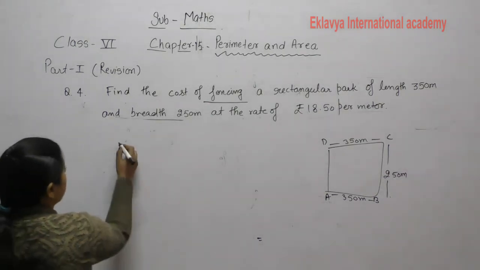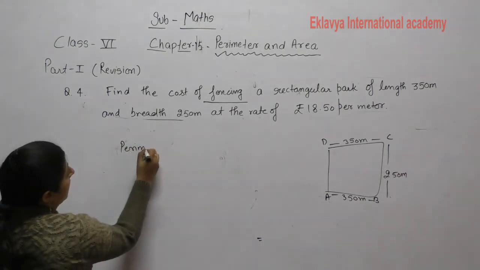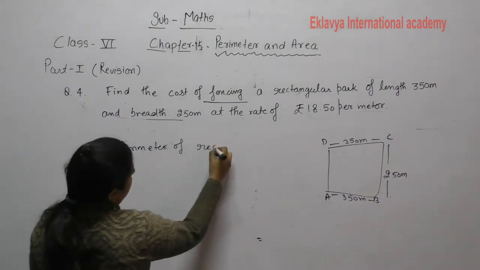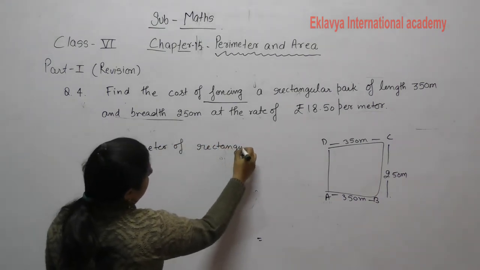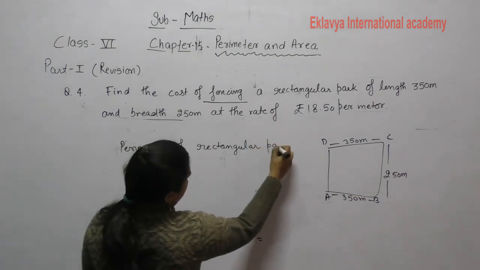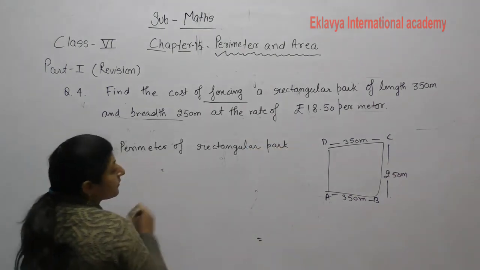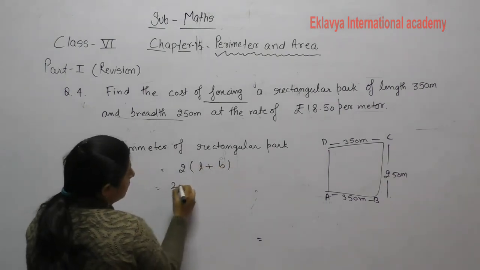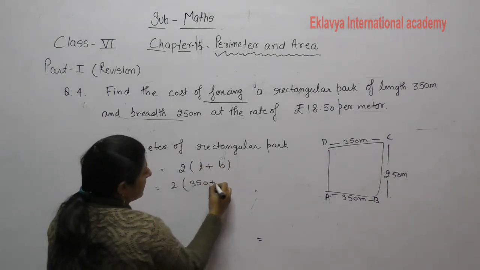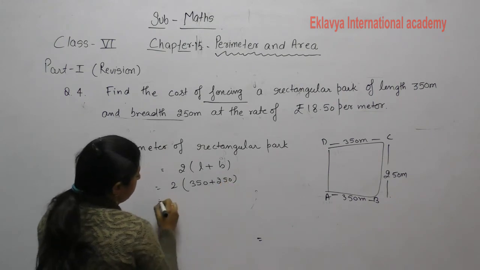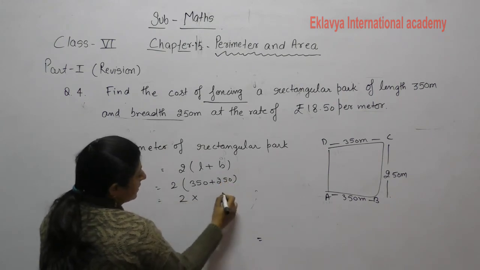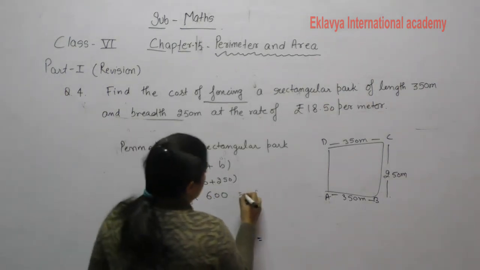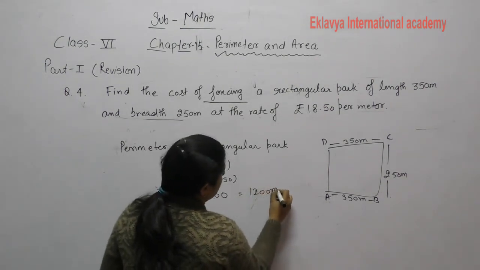It means perimeter of rectangular park is equal to 2 multiply by length plus breadth, 2 multiply by 350 plus 250, 2 multiply by 600, is equal to 1200 meter.